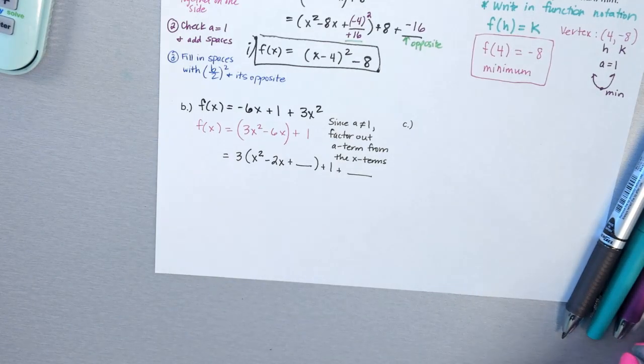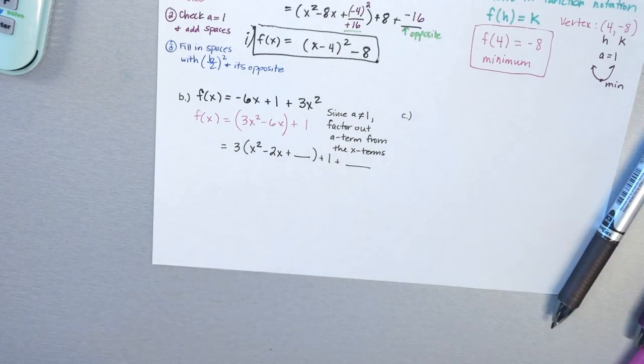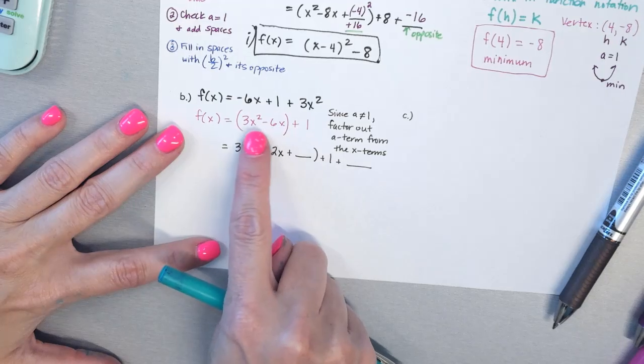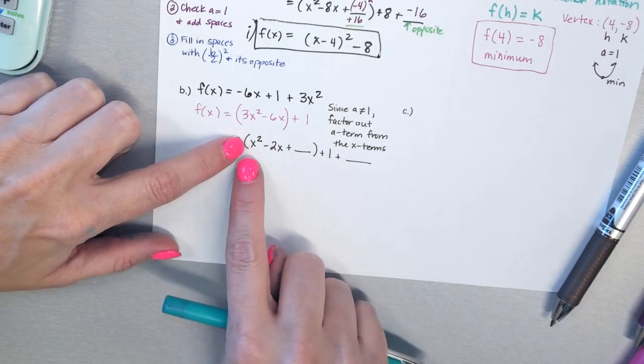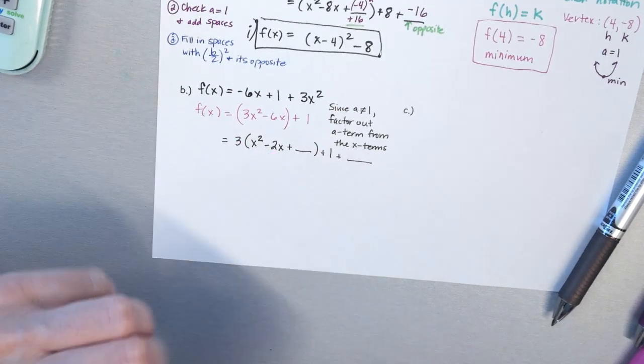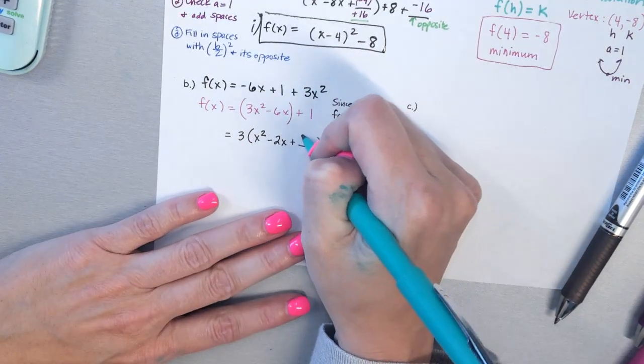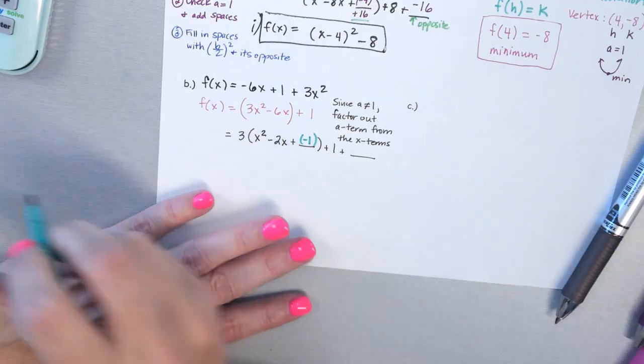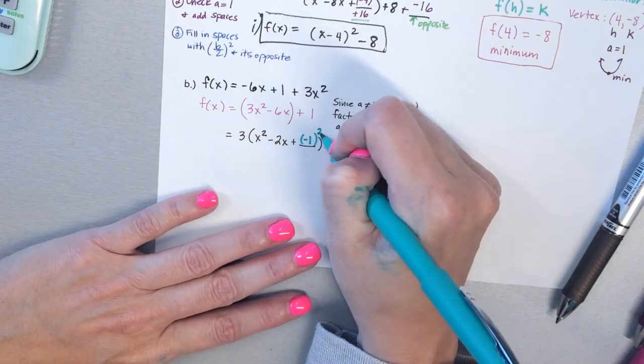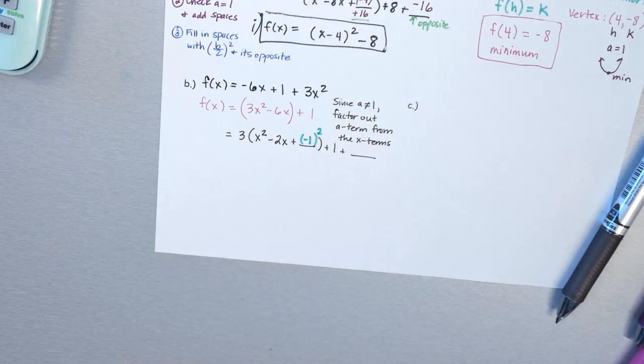Now this is going to be a little different, but the first step is the same. So since we factored those out, we can complete the square here. We can do half of the b value because now our a value is 1. If I do half of negative 2, I get negative 1, and then I square it.